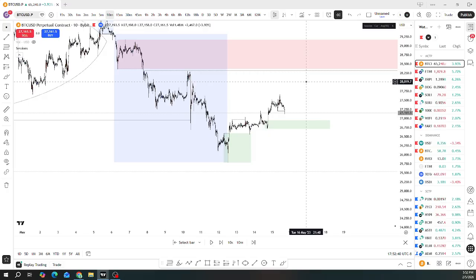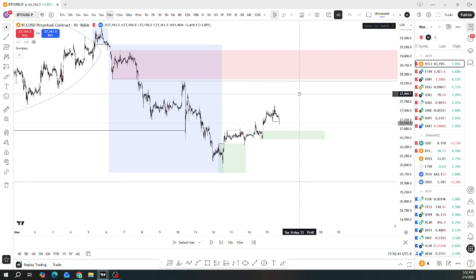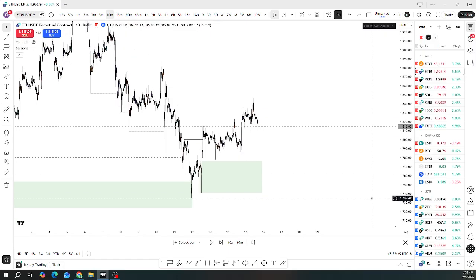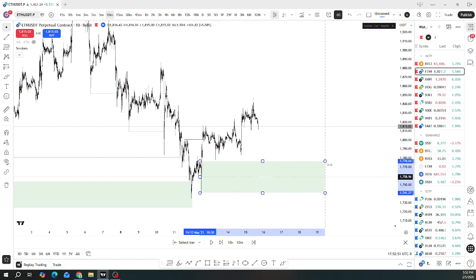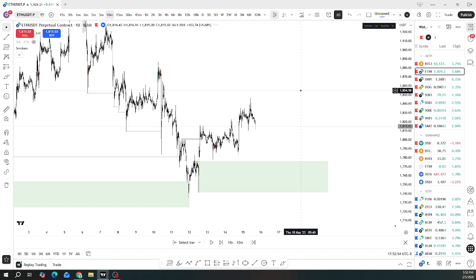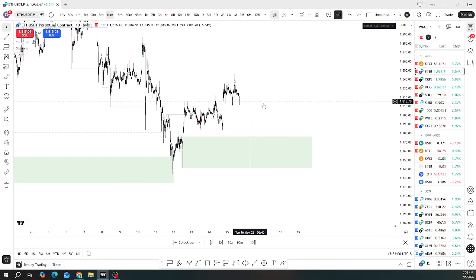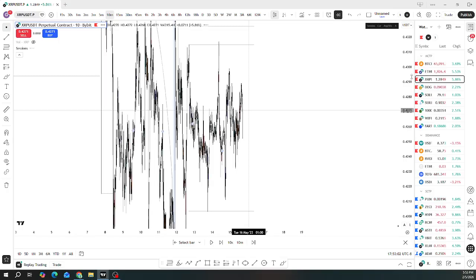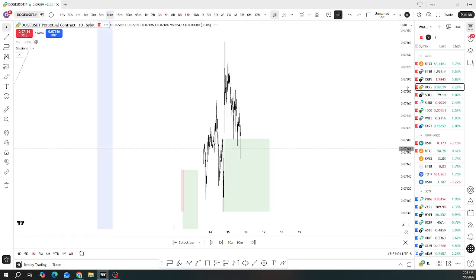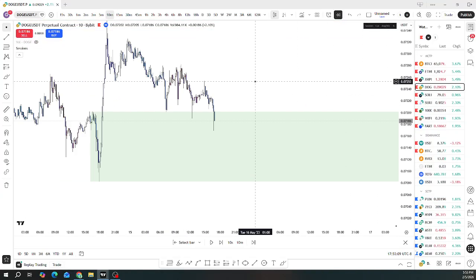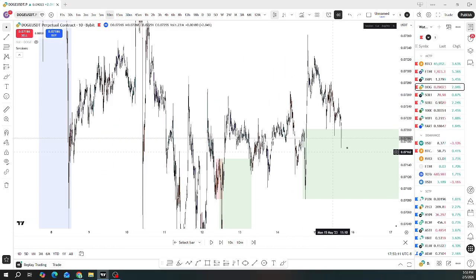We are going to see. Similar story on ETH. Doge having a pretty clear structure move down.